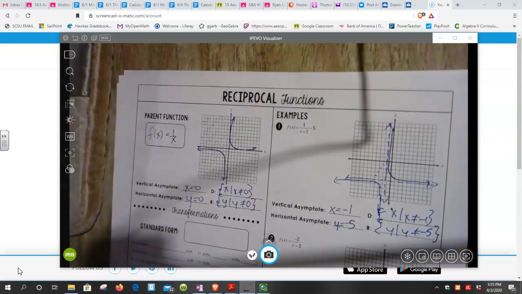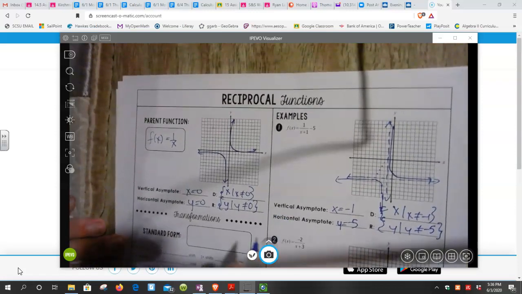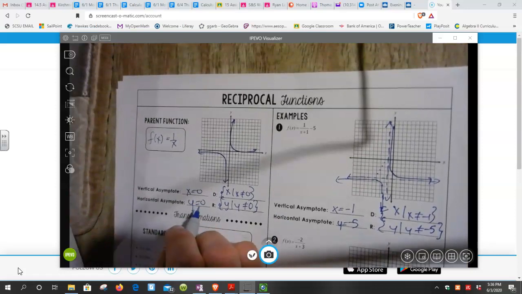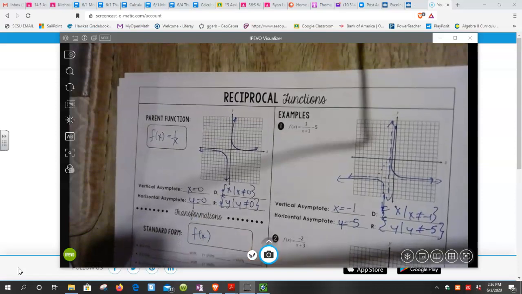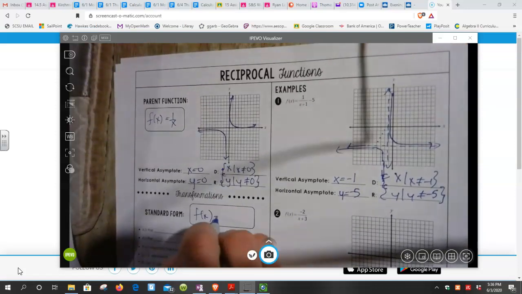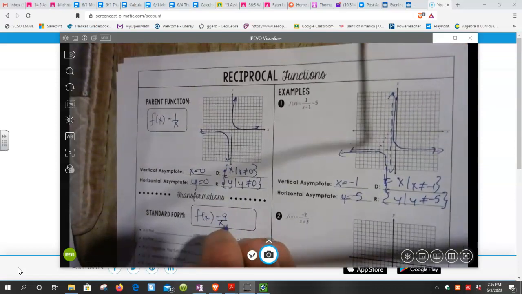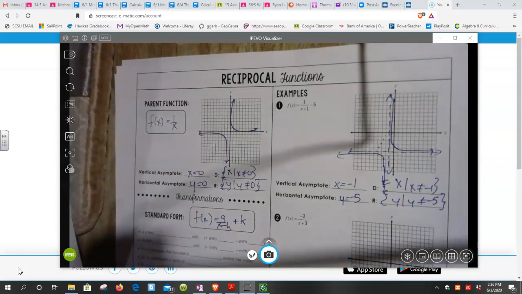Standard form here of our function is going to be f of x is equal to... in other words, I'm talking about the parent function being transformed. So the standard form way to do that is to write it as such.